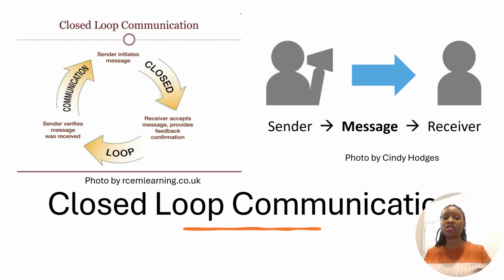So again, you as a sender, there's a responsibility that comes with initiating the message and what that looks like. But then another way, the receiver, to ensure that, is closing the loop. So we initiate the message, and then we need to make sure that the message was received, that the receiver accepts it and provides feedback confirmation.